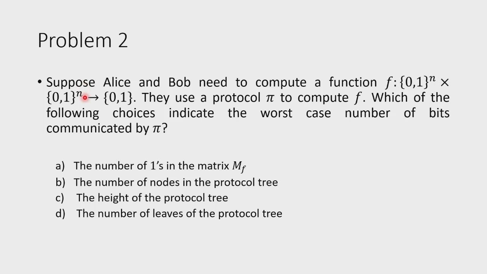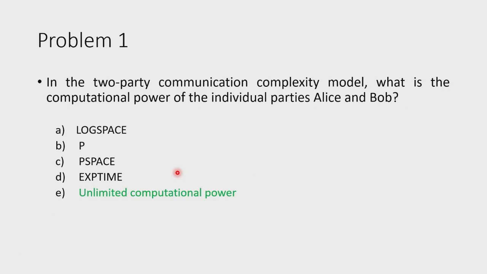Question: if we take the computational landscape, things are either computable or non-computable, and in the computable landscape, everything falls in one of the classes. So in this context, what is the meaning of unlimited computational power? By unlimited computational power, you mean that they can compute any recursively enumerable function.